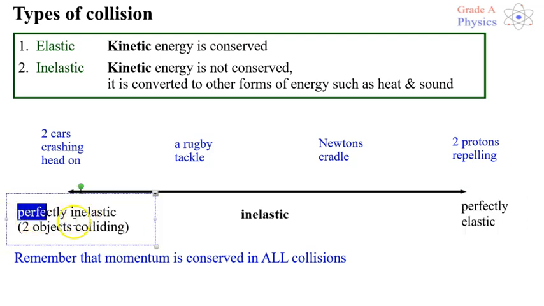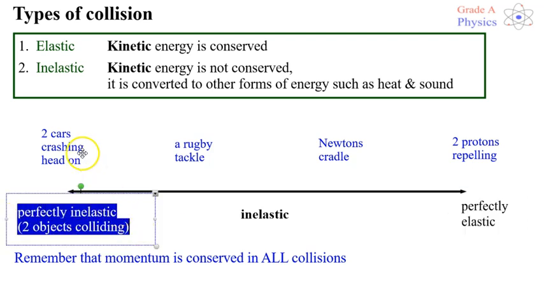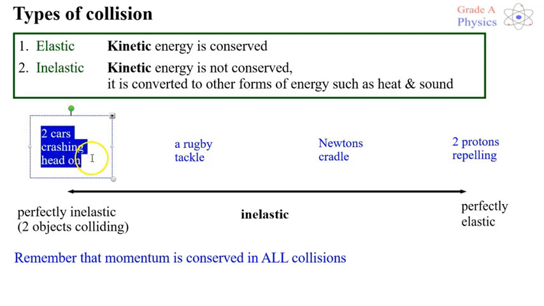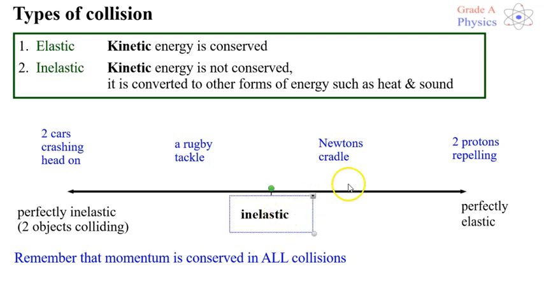And at the other extreme, we've got perfectly inelastic. And again, it's quite difficult to find an example where all the kinetic energy at the start is dissipated into heat. So you might get a situation if you have two cars crashing head on, that might be considered perfectly inelastic or very close to that. But most collisions in everyday life are somewhere between these two extremes, and we call those inelastic rather than perfectly elastic.